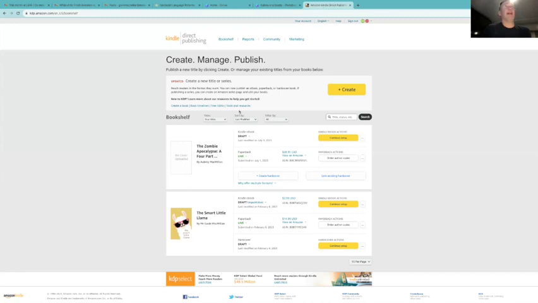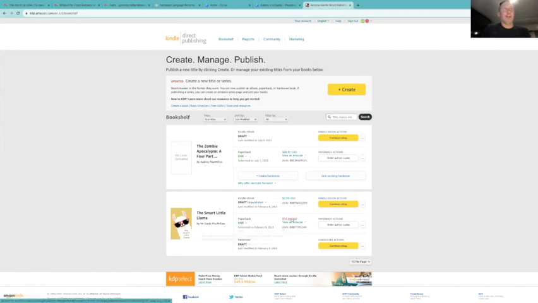On Kindle Direct, this is through Amazon, you upload the content that you built on Canva to Amazon. So this is the Smart Little Llama, for example, and you can upload it both to Kindle for a free or cheap purchase, or you can have the paperback version.